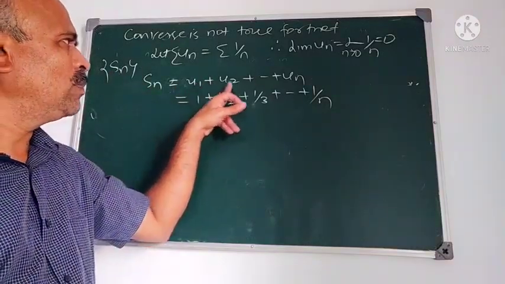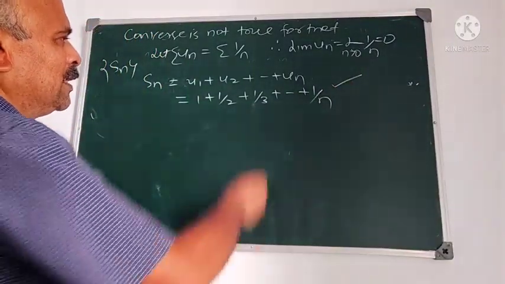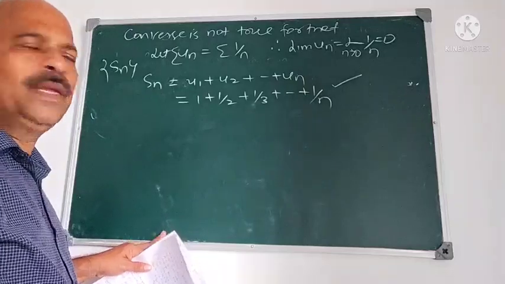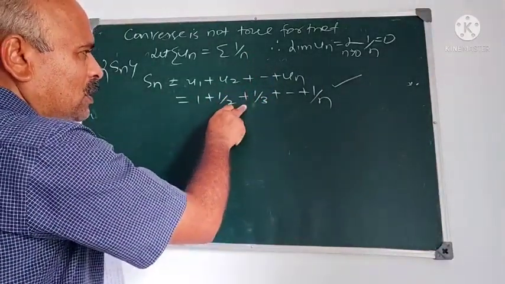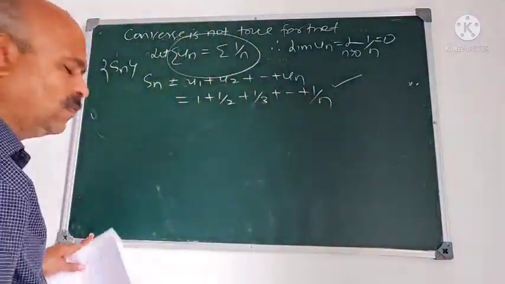Sn is defined by u1 plus u2 plus un. Now we prove that this doesn't converge because it is not a Cauchy sequence. Every Cauchy sequence converges. If we prove that it is not a Cauchy sequence, then it doesn't converge. Hence sigma un doesn't converge.